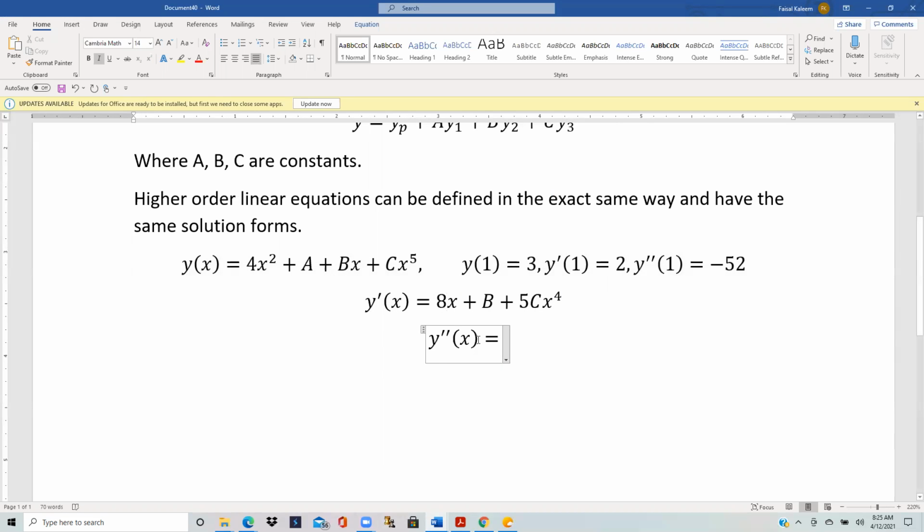So that'd be 8. Derivative of b is 0. And derivative of 5cx^4 would be 5 times 4, which is 20c. So 8 plus 20cx cubed.